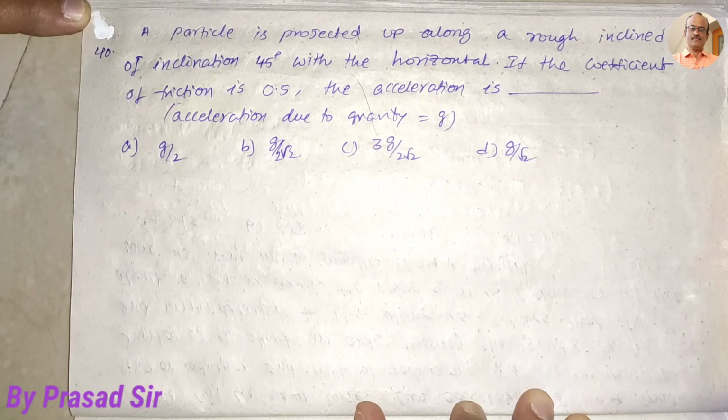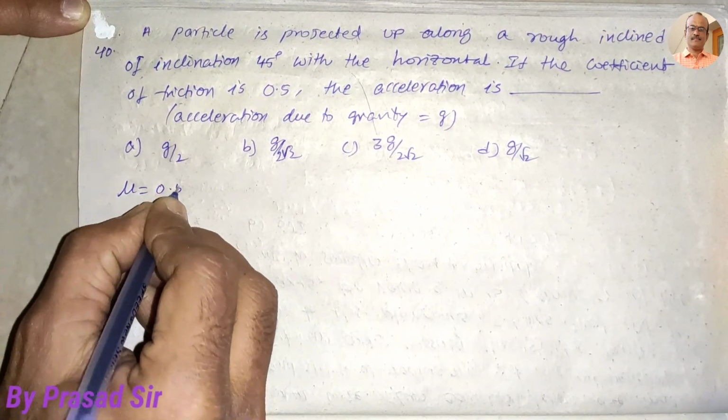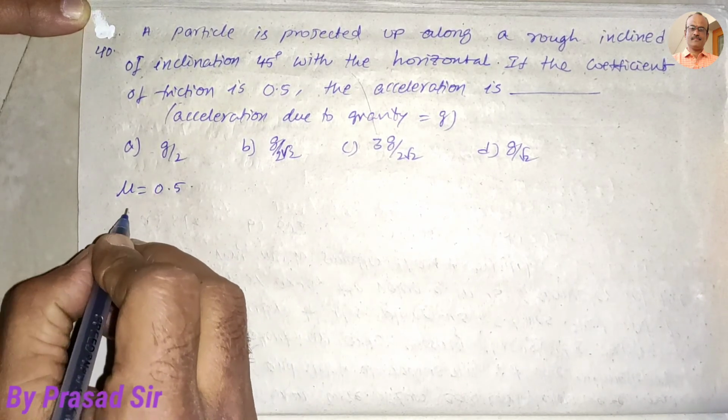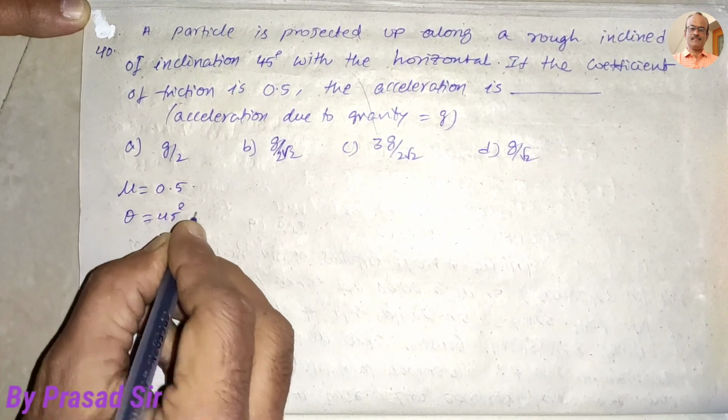Question number 40. A particle is projected up along a rough inclined plane of inclination 45 degrees with the horizontal. If the coefficient of friction is 0.5, what is the acceleration? First of all, what are the given values? Mu, the coefficient of friction, is equal to 0.5, and the inclination theta is 45 degrees.